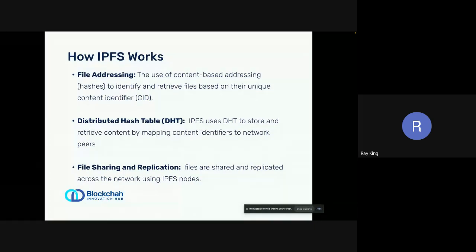It uses content-based addressing to identify and retrieve files based on the unique content identifier. The content identifier is generated from the file itself. It looks at the values in the file and then generates a content identifier. That content identifier can then be used to retrieve the file. Do we understand how it gets to retrieve the file?